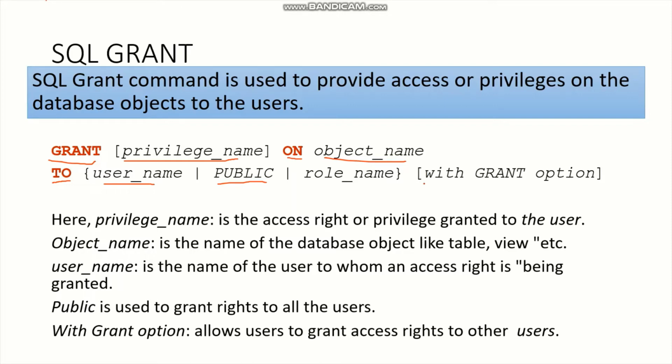And then we have grant option, which allows users to grant access rights to other users. Like if I want a user to be allowed to use this grant command, I can apply it with the help of this grant option.